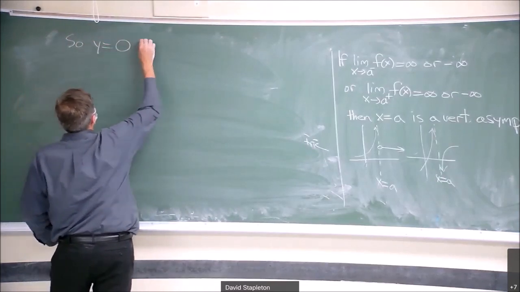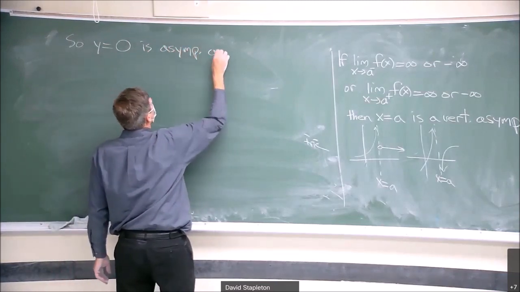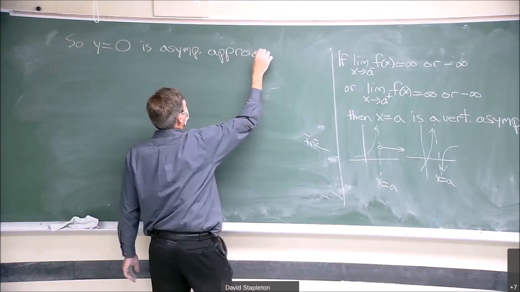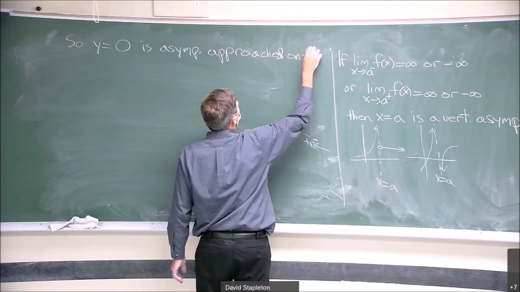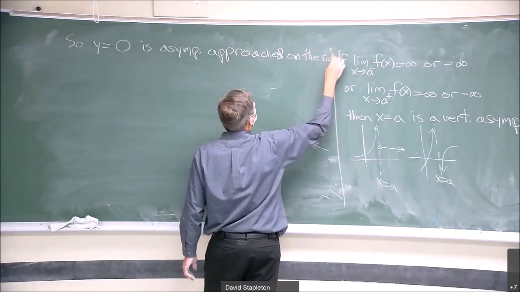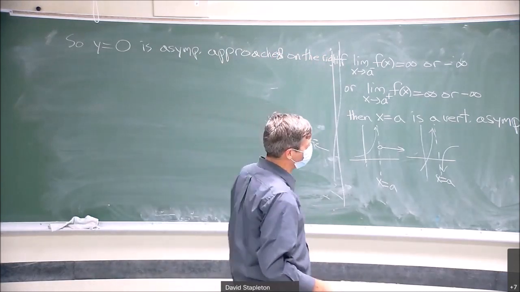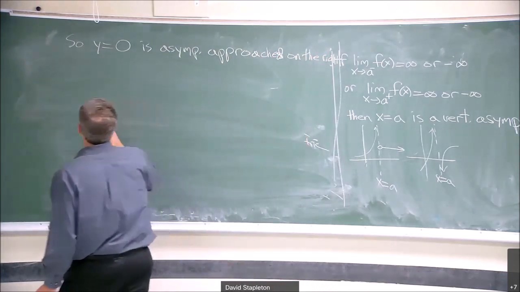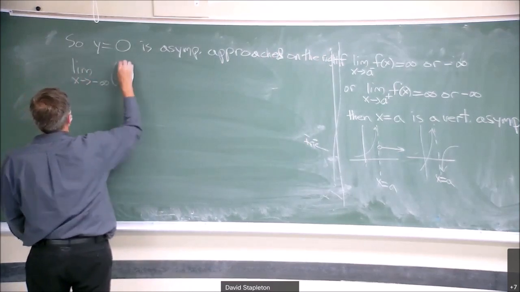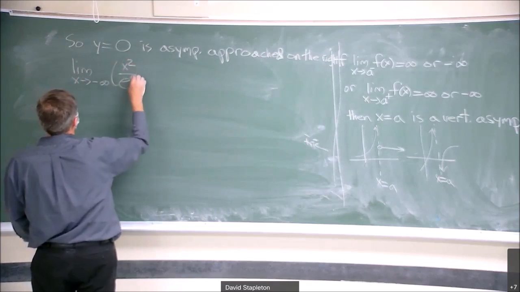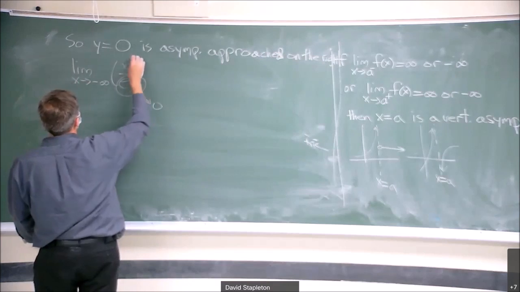y equals 0 is asymptotically approached on the right. On the left, it's not. If you were to take the limit as x goes to minus infinity of x squared over e to the 4x, the bottom is going to 0 and the top is going to infinity.